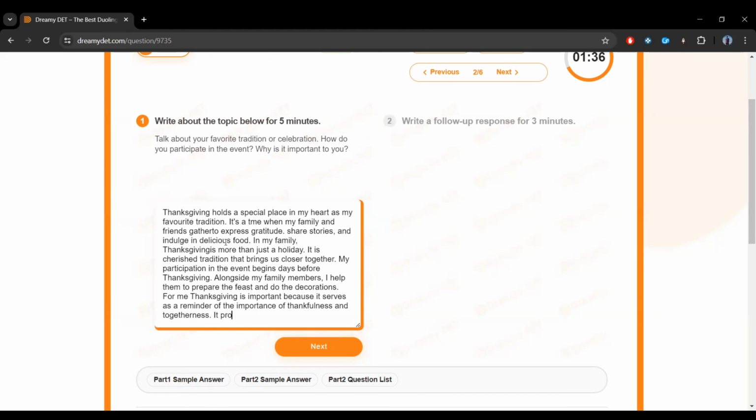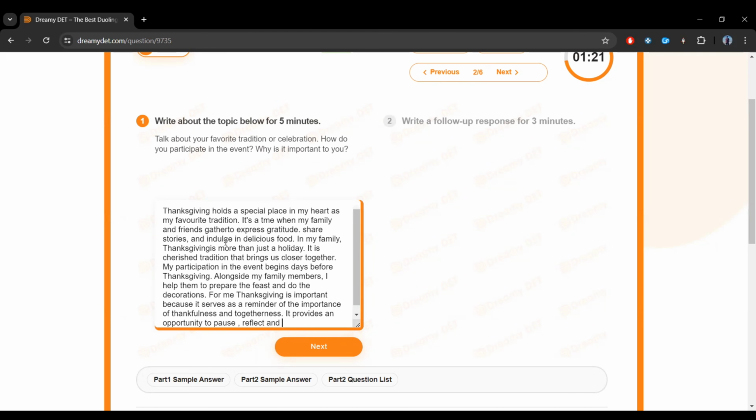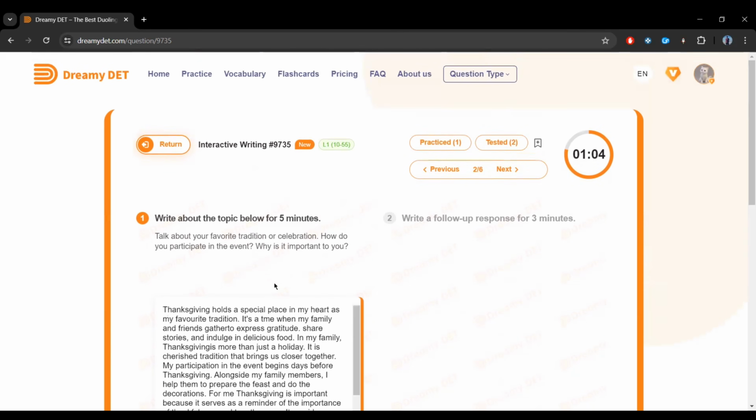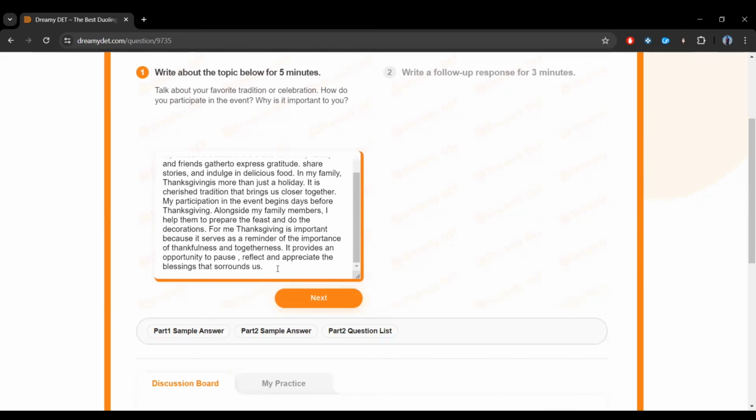It provides an opportunity to pause, reflect, and appreciate the blessings that surround us. I think it should be surrounds us. All right, I think this is a good enough answer.